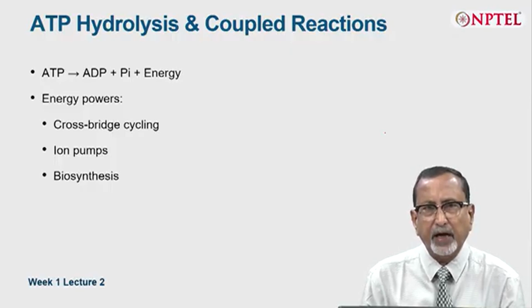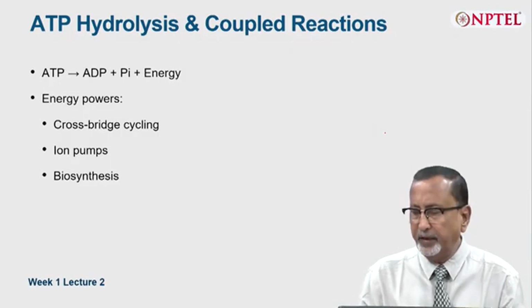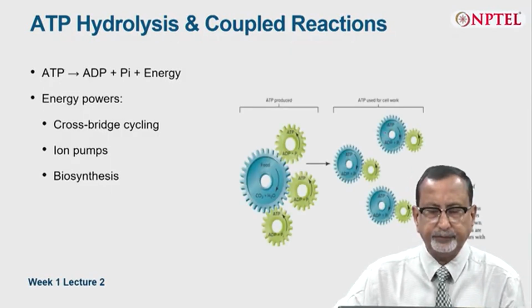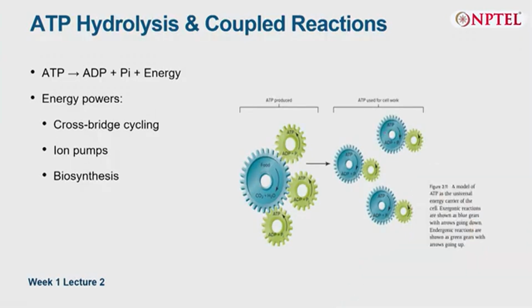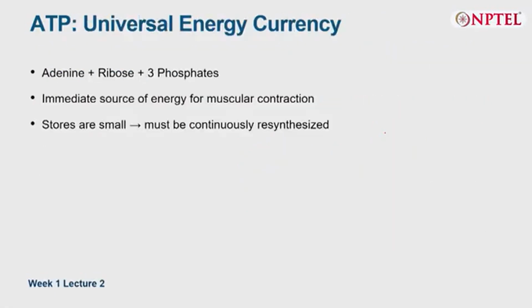So, these biosynthetic processes are also initiated by ATP. You can see how ATP is a cycle: the blue one is the ATP produced and the green one is the ATP used. There are endergonic and exergonic reactions, as I told you, which are depicted in this table.